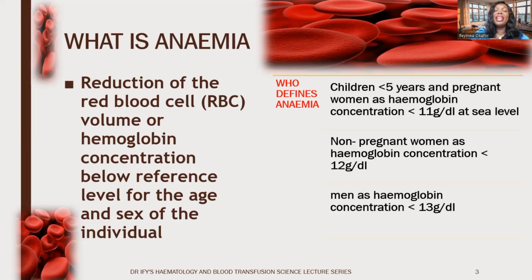They also defined anemia in non-pregnant women as hemoglobin concentration less than 12 grams per DL. While the World Health Organization defines anemia in men as hemoglobin concentration below 13 grams per DL.